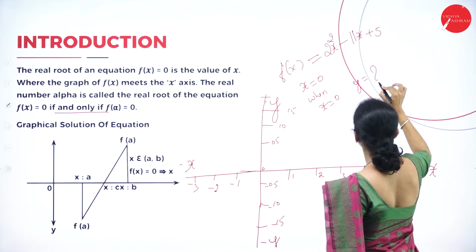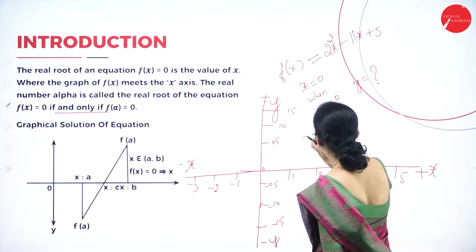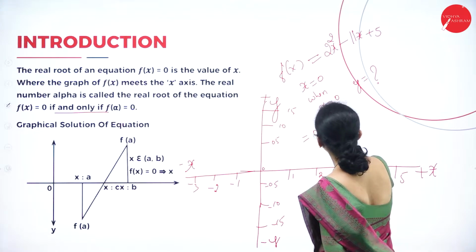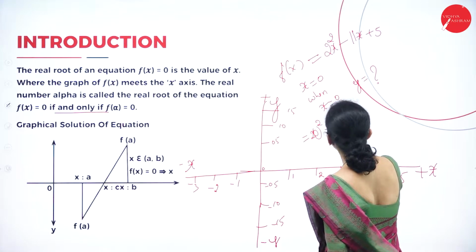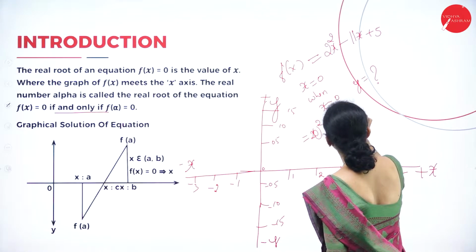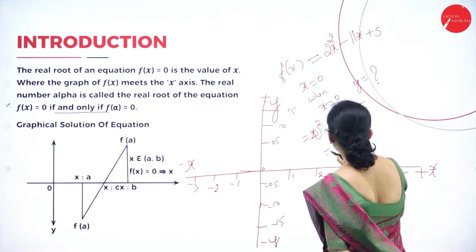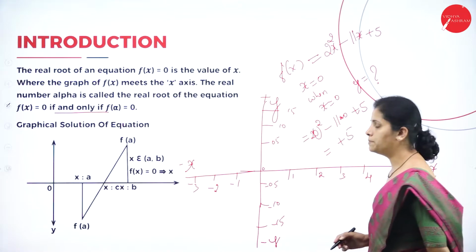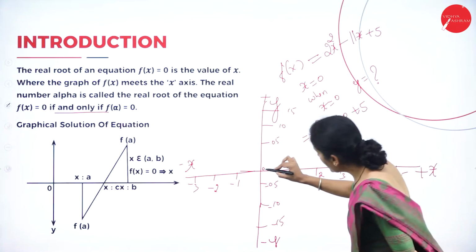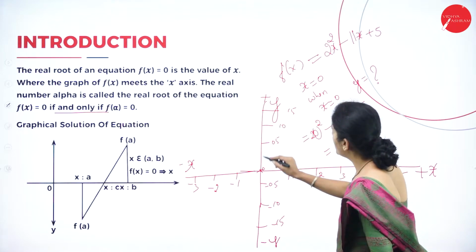That means I want to find out y. So what I will do, 2 into 0 square minus 11 into 0 plus 5. So it is how much? Plus 5. That means when x is 0, what about y? Y is plus 5.